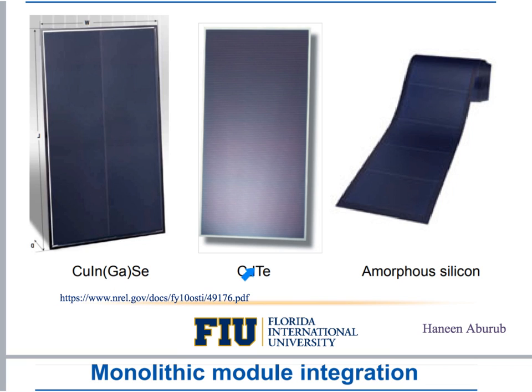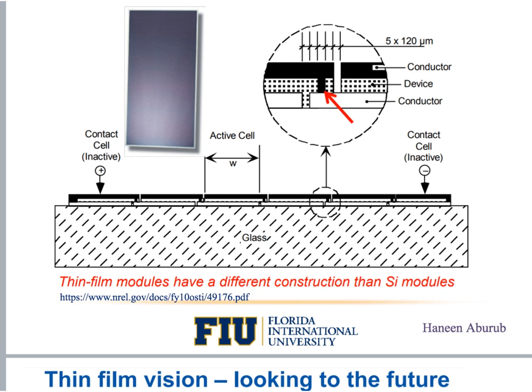and this shows the three types of thin film solar PV technologies and how they look. Now the construction of a thin film solar PV module is different from the crystalline silicon solar PV, as shown here and detailed in this part.